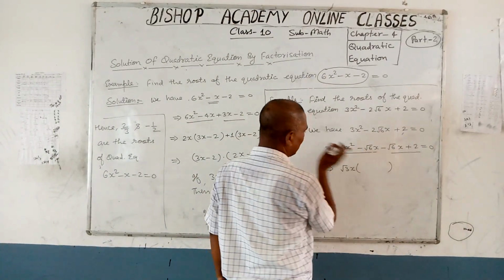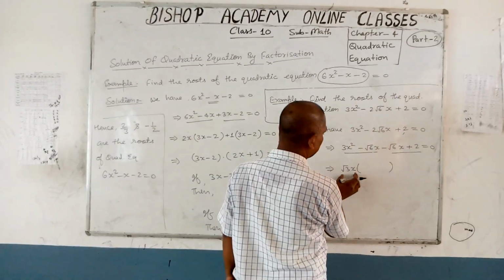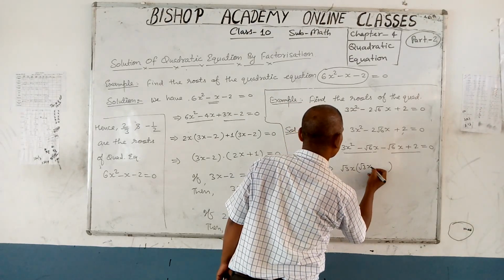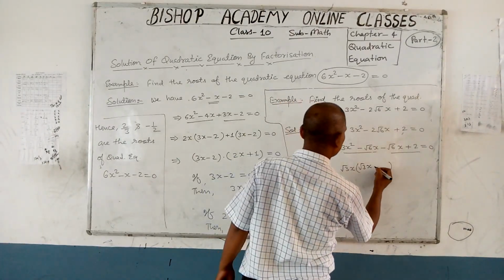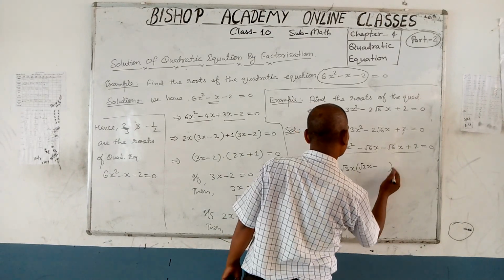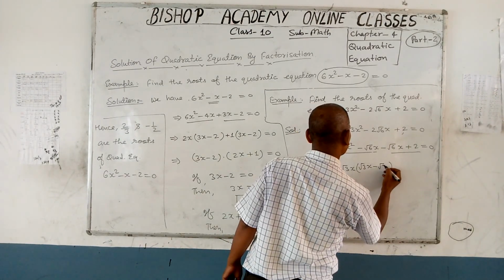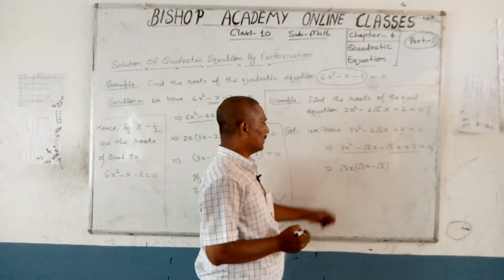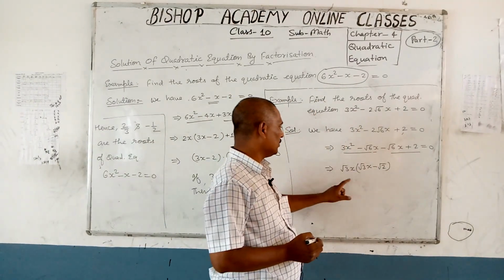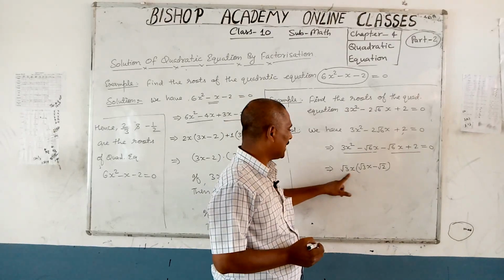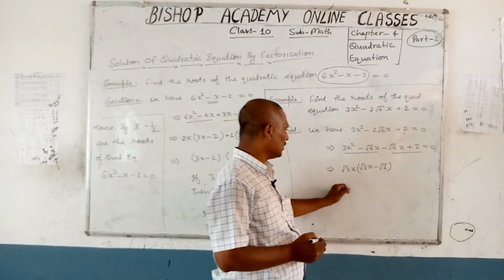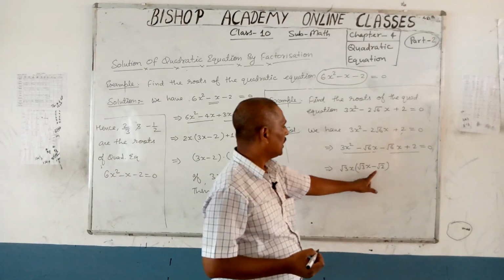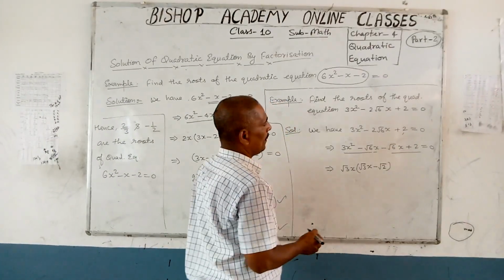Dividing first and second term by this highest common factor, you will find under root 3x, and here minus under root 2. In this way, dividing first and second term by root 3x, which is HCF of first and second term, you got quotient root 3x and minus root 2.